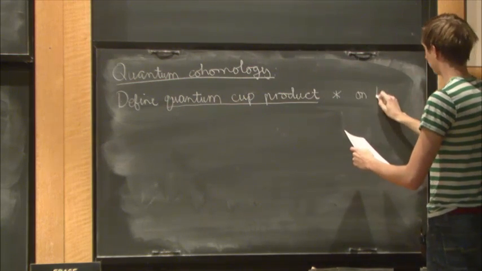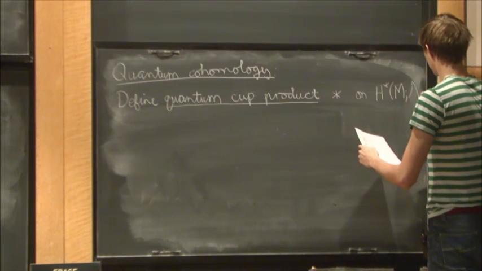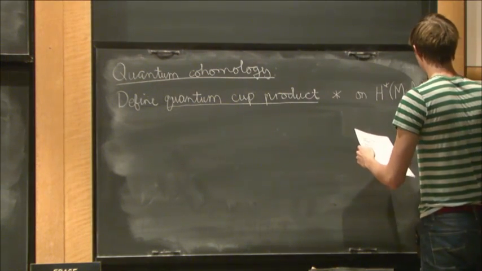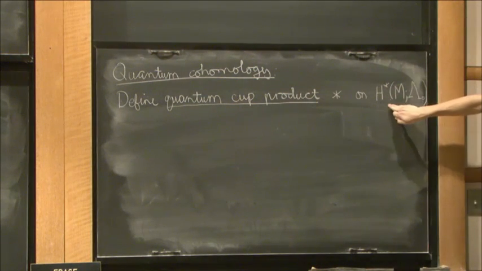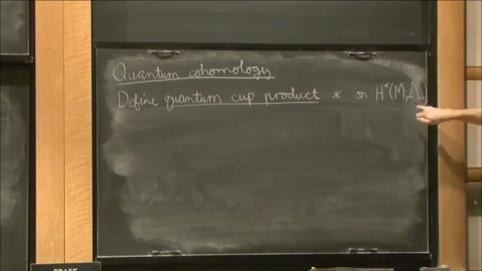So we're going to define what's called the quantum cup product on cohomology of our manifold with coefficients in lambda naught.